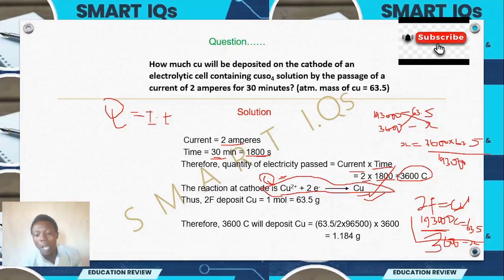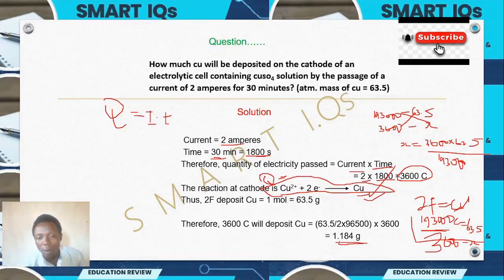Very good. Are we together? Good. So the amount of copper that will be deposited becomes 1.184 grams.